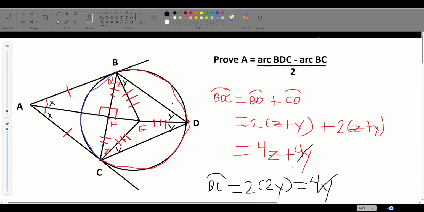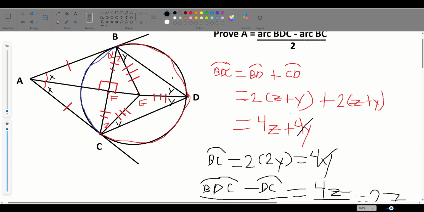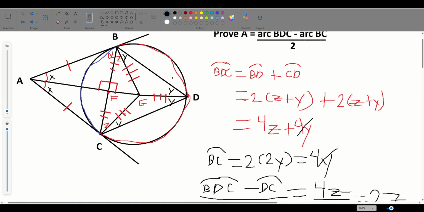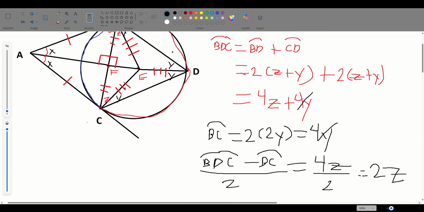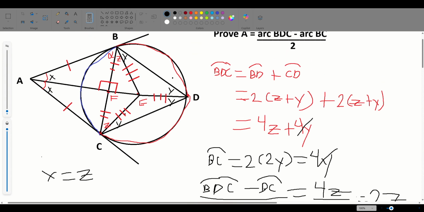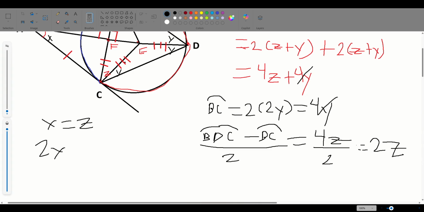Now that we know this information, we need to prove that angle X is equal to angle Z. Once we prove angle X is equal to angle Z, then twice that, 2X is equal to 2Z, and that would mean that 2X, angle A, is the difference, the one we are trying to prove. So let's do that now.